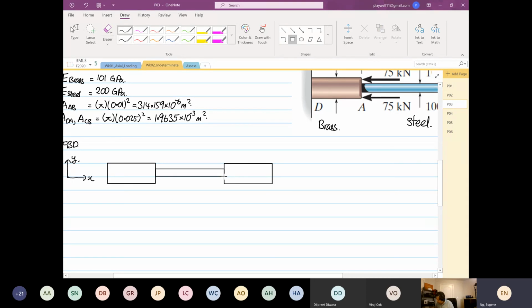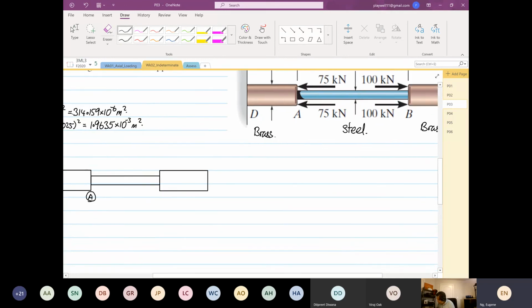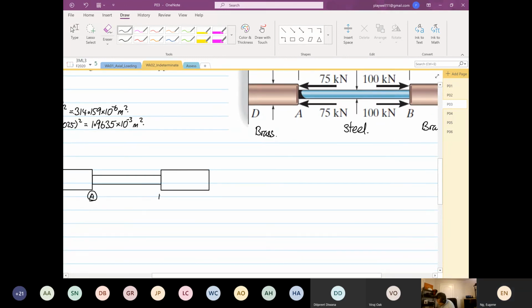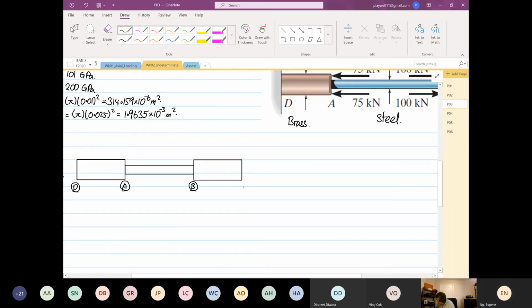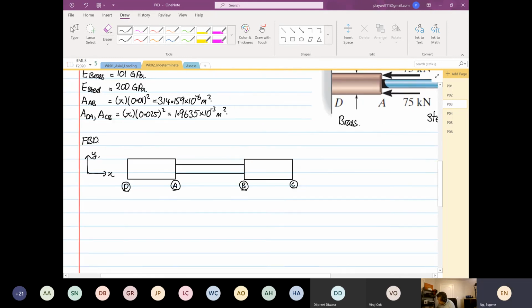So we're going to divide this into 3 sections again. This is our point D. This is our point A. Then we have our point B. And then we have point C. Like what we have mentioned, this is our brass, steel, brass.